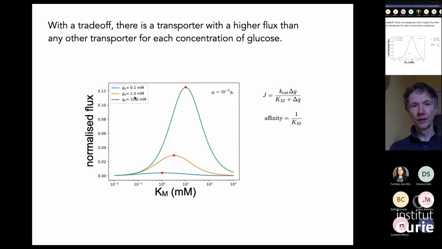If I change extracellular glucose to 1 millimolar, then the same argument holds, but now the transporter I should use, if I want to optimize flux, should have a Km of about 5 or so millimolar, and so on. So because of this trade-off, each transporter, if we characterize it by its Km, has a range of glucose concentrations where it transports better than any other transporter.